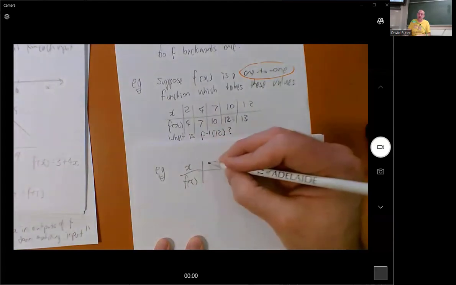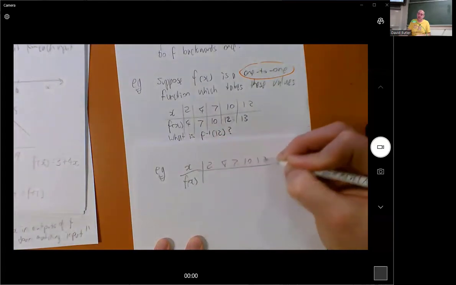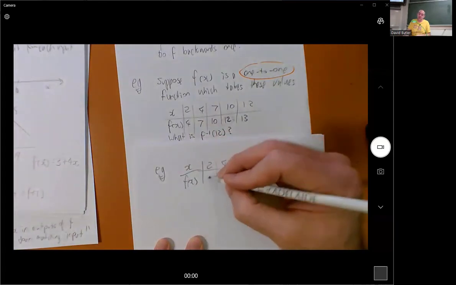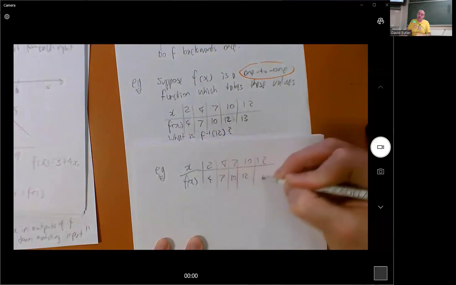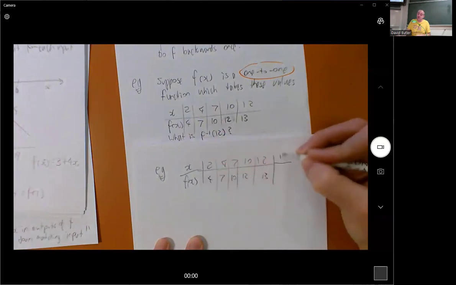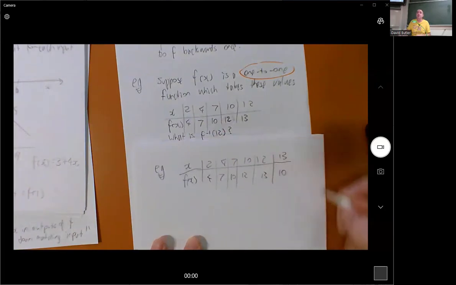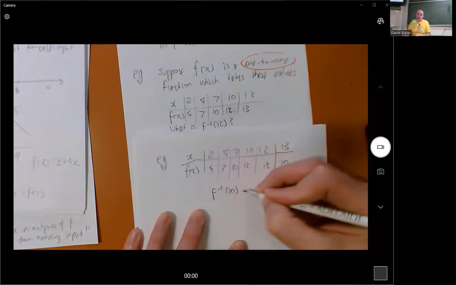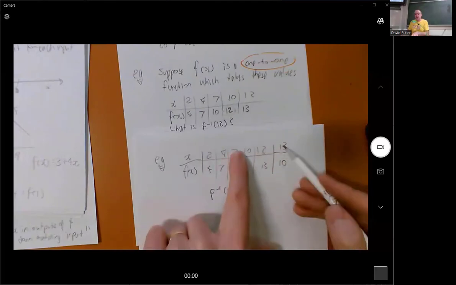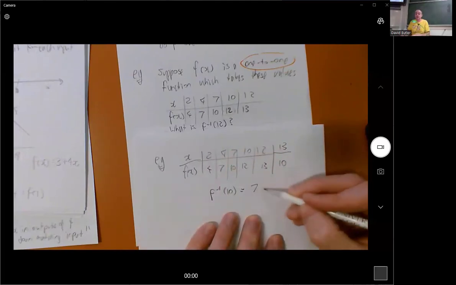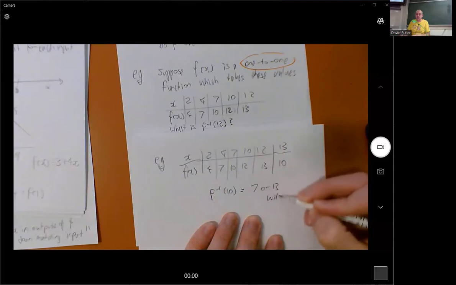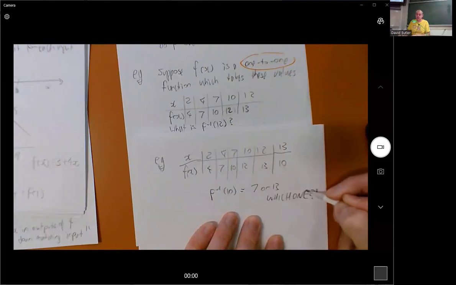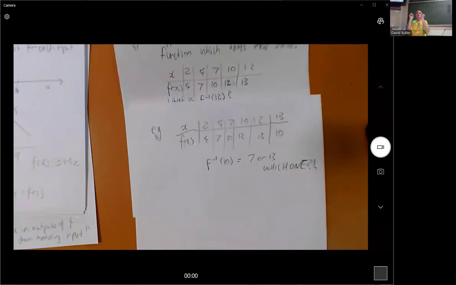So we could imagine that there's the 2, 4, 7, 10, 12, and then maybe, we don't know for sure, but maybe when we put in 13, the answer is 10 again. In which case, when we try and do f inverse of 10, we go and find 10 in the outputs, and there's two possible answers. Which one? I don't know. There is no answer because there is not one.